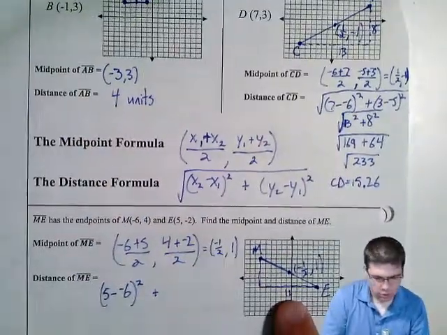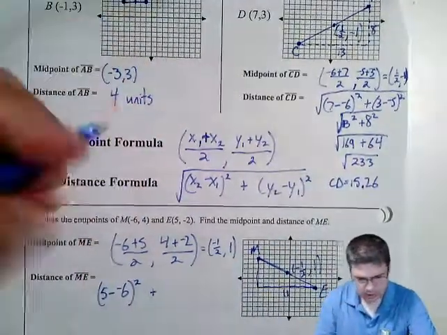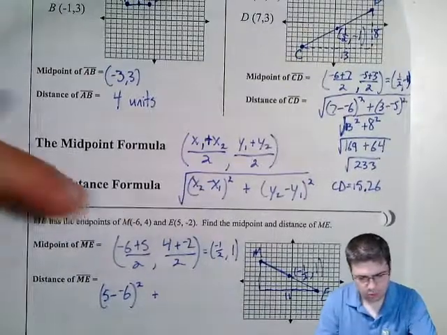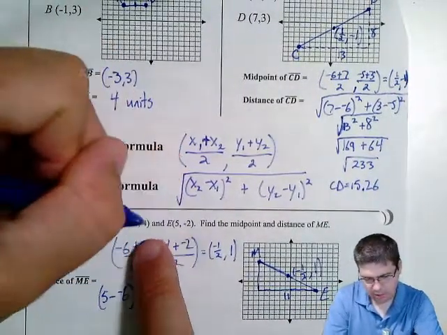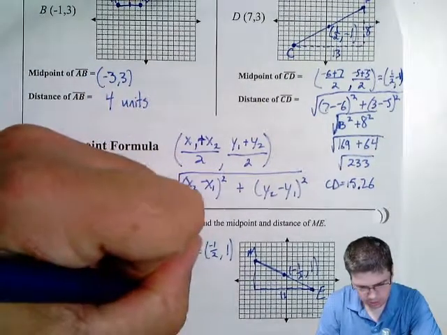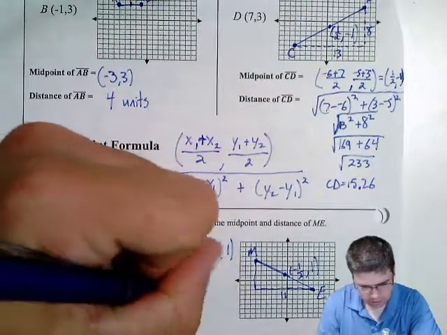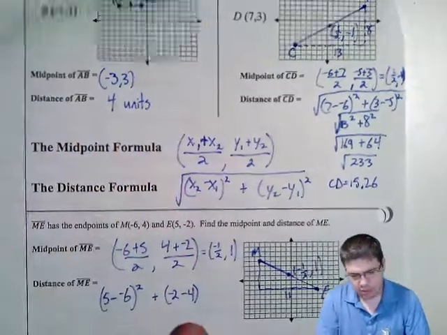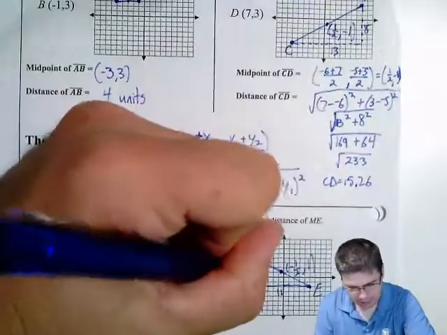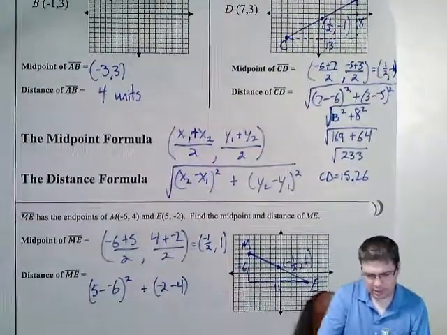That's like our a squared. And then our vertical distance is y2 minus y1. So if I go y2, this would be -2 minus 4, which is actually a little interesting. So you could have done this either way. So -2 minus -4 is going to be -6. It's like I'm going down 6 and over 11.